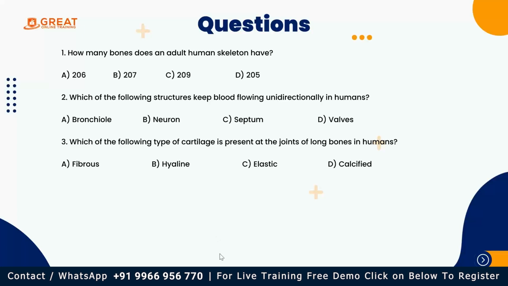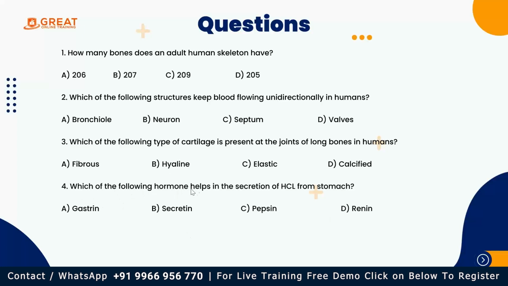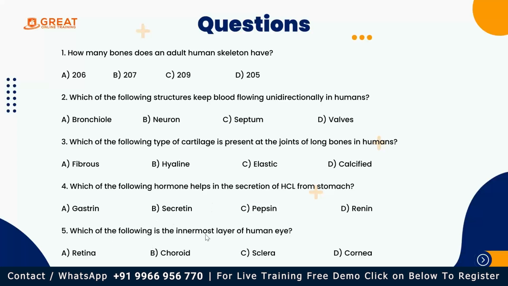No. Calcified? No, it's hyaline. Hyaline cartilage. Next, which of the following hormones helps in secretion of HCl from the stomach? Gastrin. Yes. And last, which is the innermost layer of the human eye? Retina. Yes. So this is how you will get straightforward questions on human anatomy.